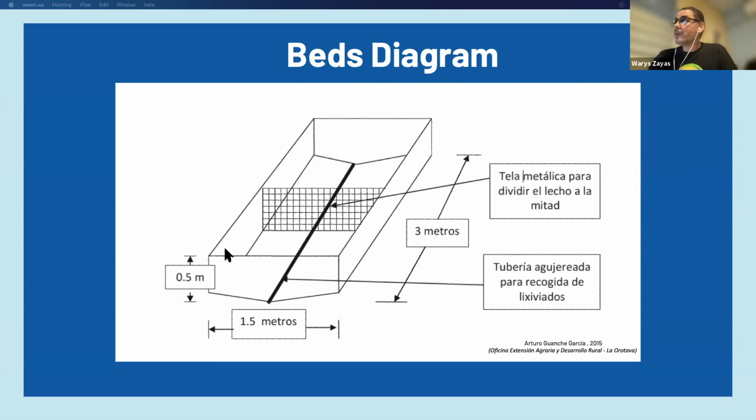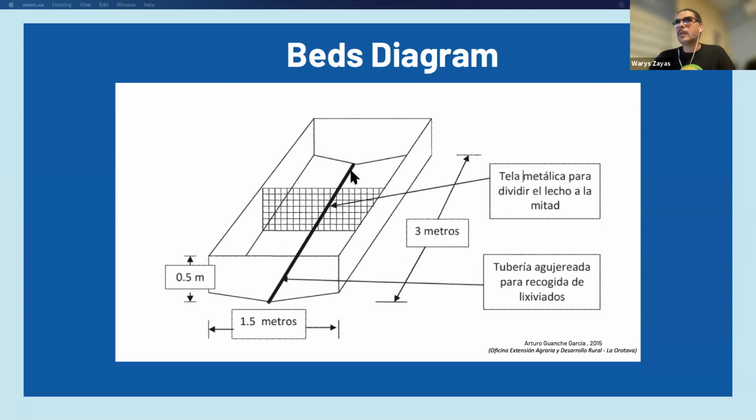So what we do is stop the input of organic matter in our bed. Now we start again to put the layers of organic matter in the other half, which was empty, right? And the worms will start to migrate from this part to the other part.